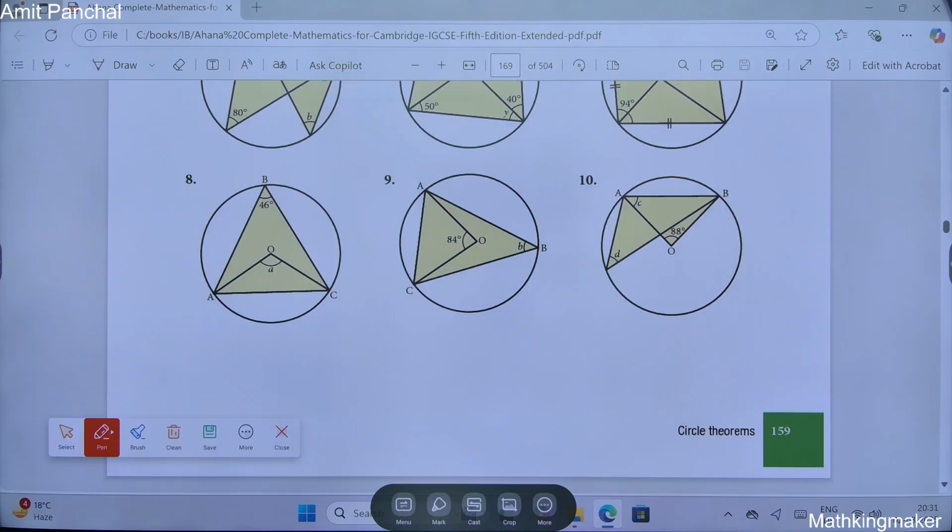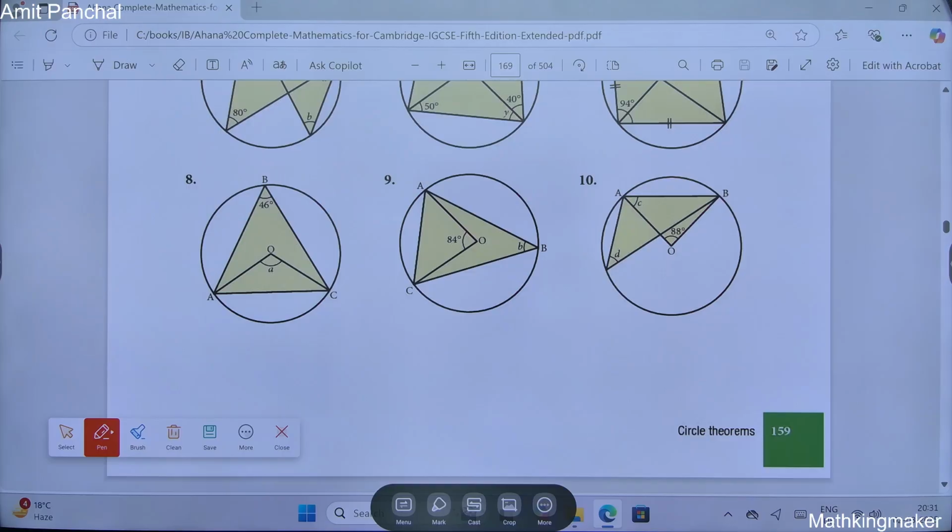C, what is C? 44, sir. No. How did you make it 44? You have to have a reason. Then only you can say something. You can't hit and try.